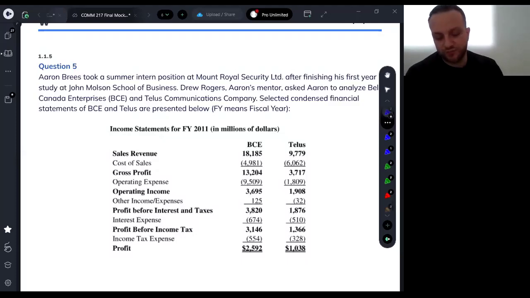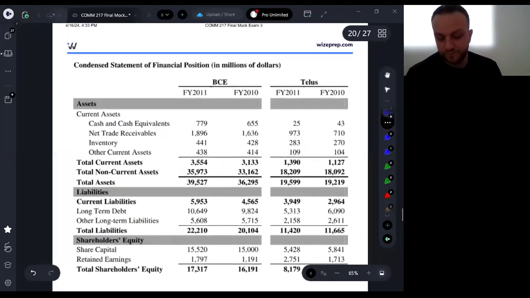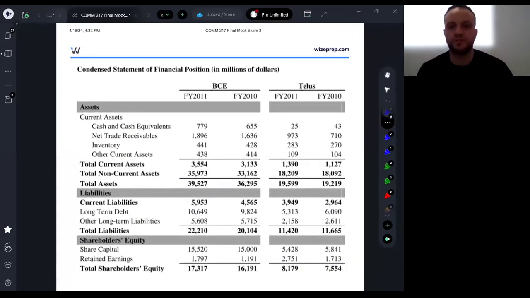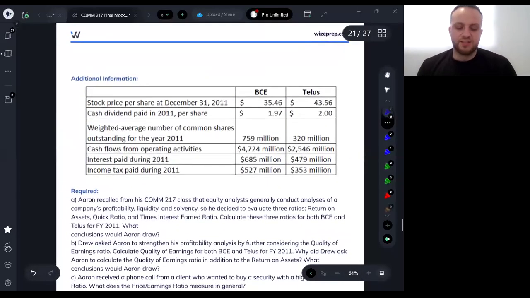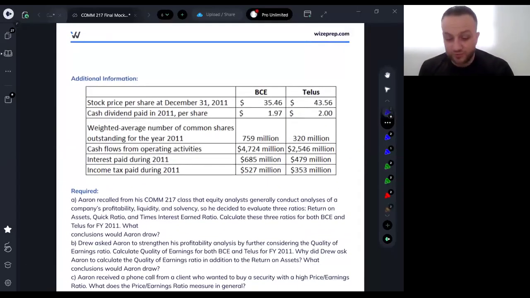So to give us all the stuff for Bell and for TELUS, we're gonna have to do 2 companies. Okay, there's additional info required. Aaron recalled from his COMM 217 class that equity analysts generally conduct analysis of a company's profitability, liquidity, and solvency.